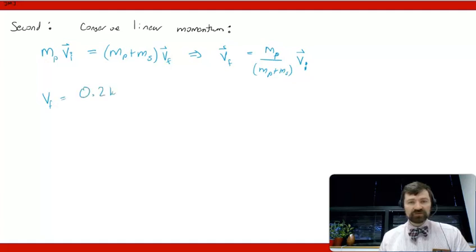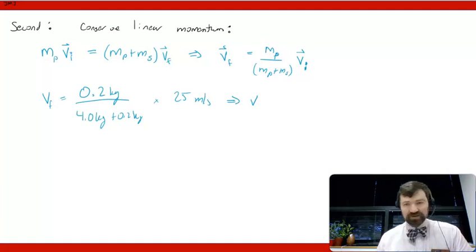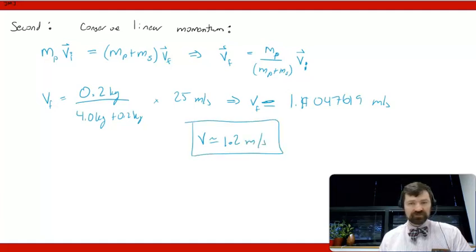We end up with 0.2 kilograms divided by 4 kilograms plus 0.2 kilograms, all times 25 meters per second. And so that gives us a total of 1.19 meters per second. Without rounding, it's 1.190476619 meters per second. Or put differently, my final speed is approximately 1.2 meters per second for both together.